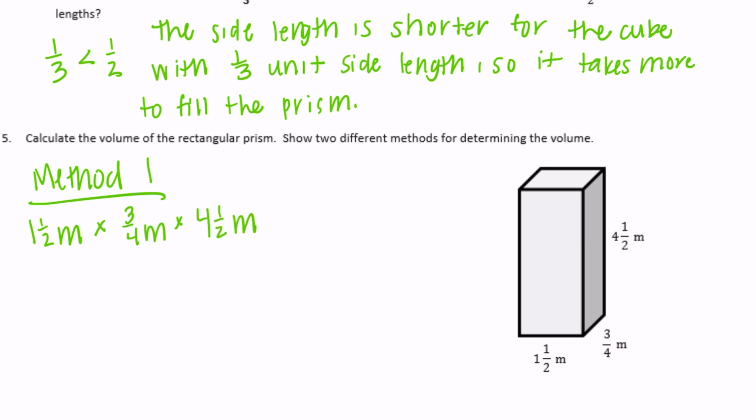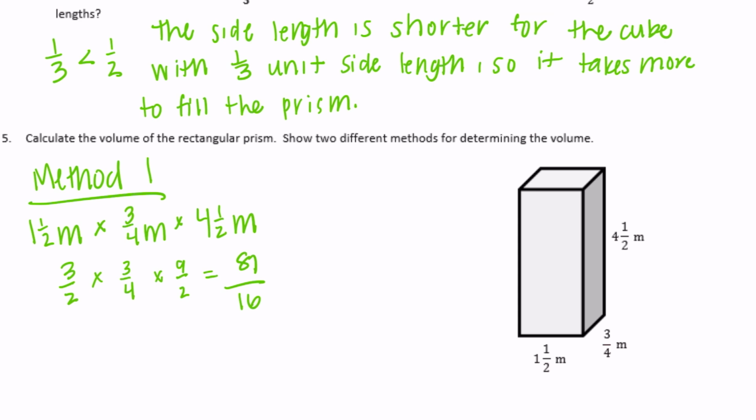I'll make them improper fractions. So 3/2 times 3/4 times 9/2. And 3 times 3 is 9, times 9 is 81. 2 times 4 is 8, times 2 is 16.